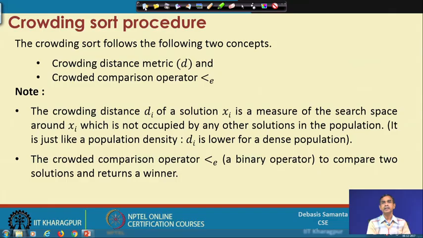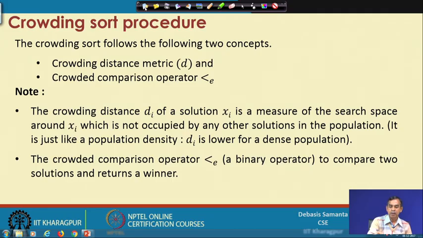Now the crowding distance di of a solution xi is a measure of the search space around xi which is not occupied by any other solution in the population.